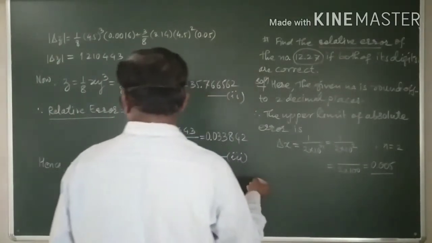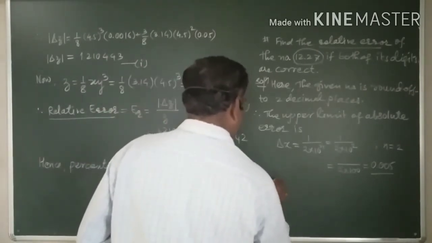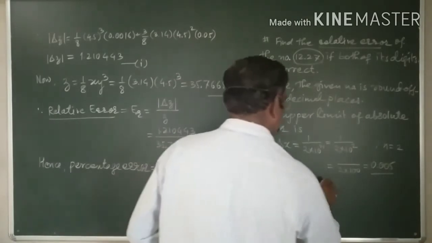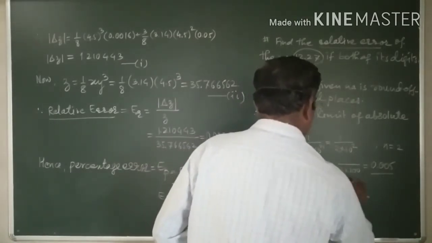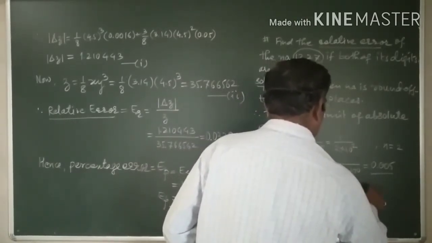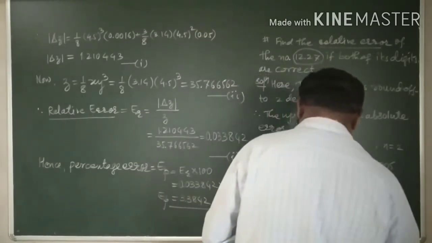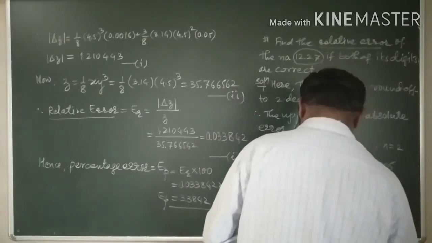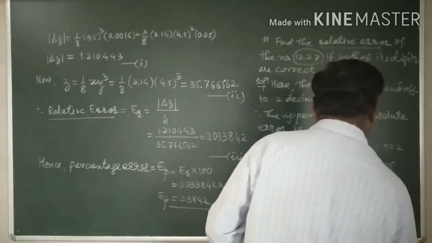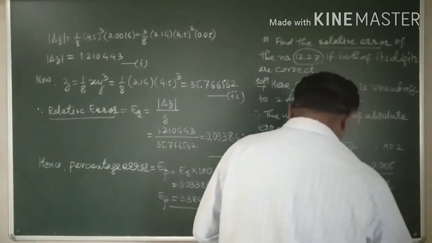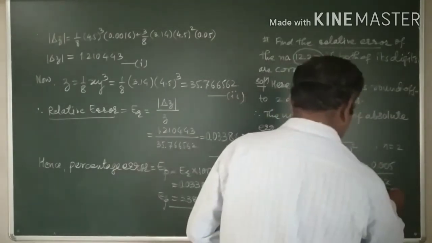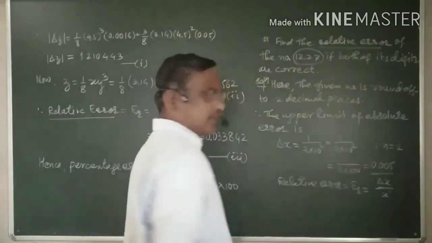Now therefore, what do we have? The relative error is equal to ER, and the formula is del x upon x dash, where x dash means the given number.